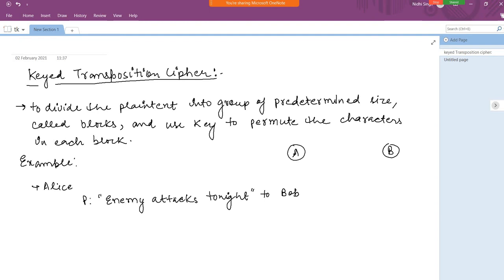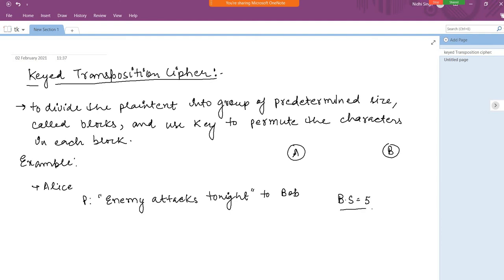So the plain text is enemy attacks tonight, and Alice wants to send this message to Bob. The key is predetermined between Alice and Bob, and the key transposition cipher says you have to divide the plain text into equal size blocks. Suppose my block size is 5, also predetermined between Alice and Bob.